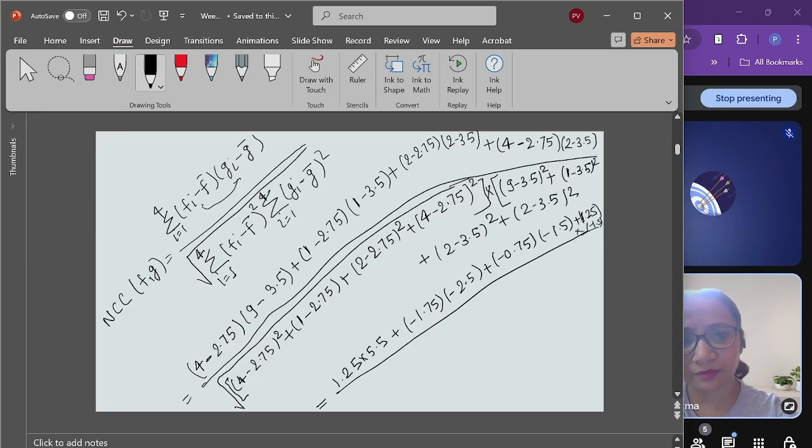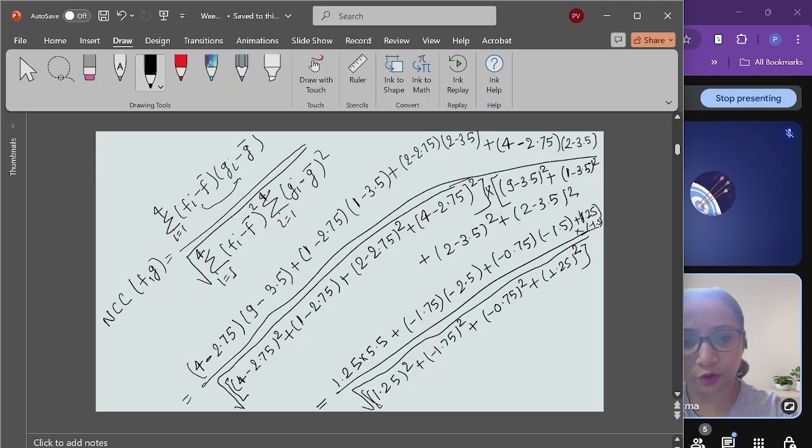In the denominator, we will get root of 1.25 square plus minus 1.75 square plus minus 0.75 square plus 1.25 square.